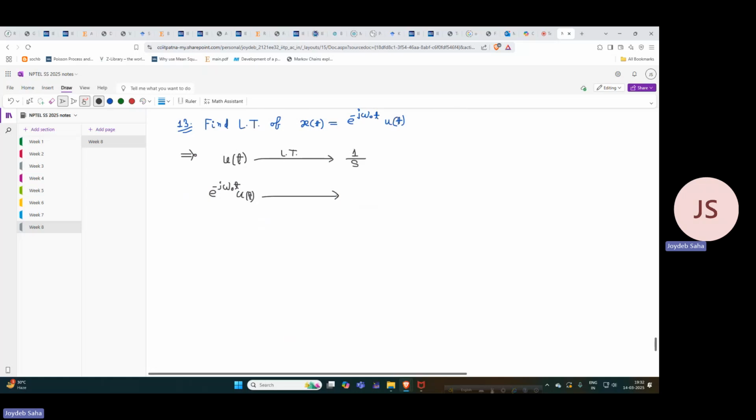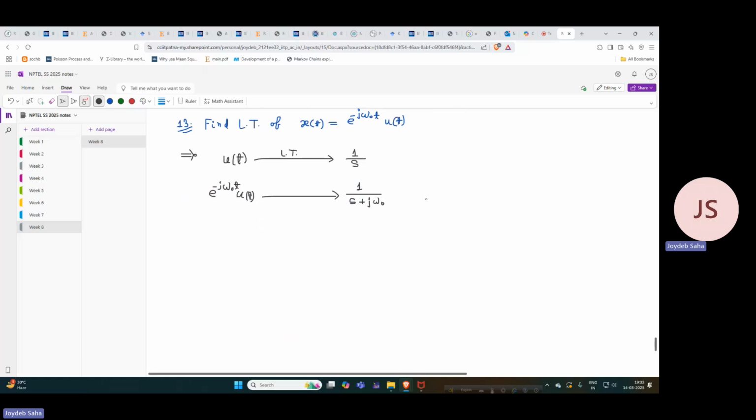So it will be 1 upon s plus j omega 0, for real part of s plus j omega 0 greater than 0, right?